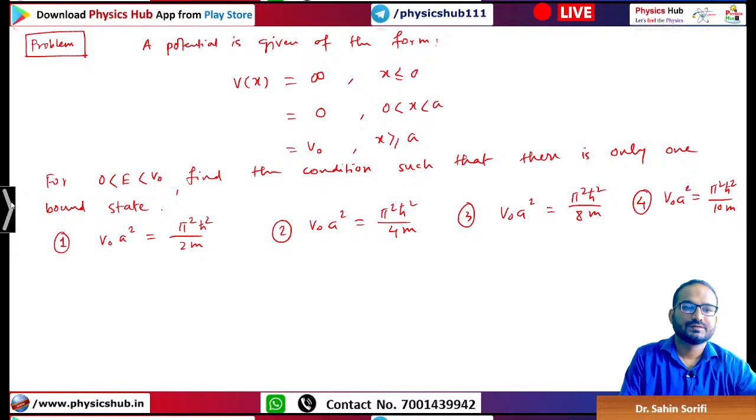Okay, so how to solve this particular problem?